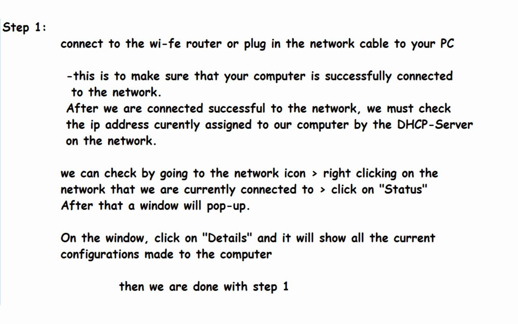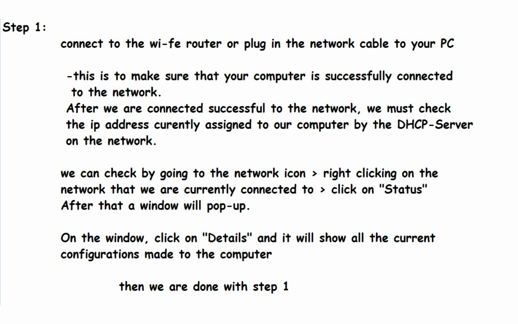After we are connected successfully to the network, we must check the IP address currently assigned to the computer by the DHCP server. So let's see how we can check the IP address which has been assigned to our network. We can check by clicking on the network icon that we are currently connected to, and clicking on status.